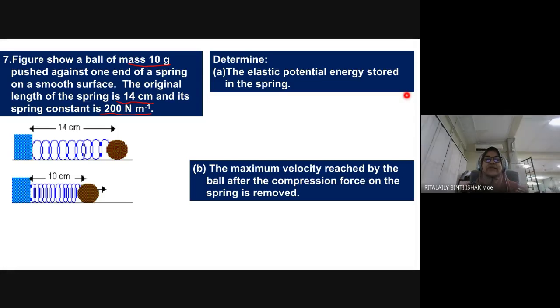Okay, so the difference between the first question, the spring become longer. But now, because it is compressed, the spring become shorter. Okay, so here what formula is suitable to use to calculate the elastic potential energy? Now, which formula?